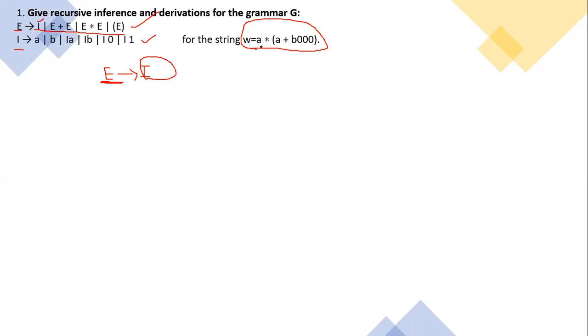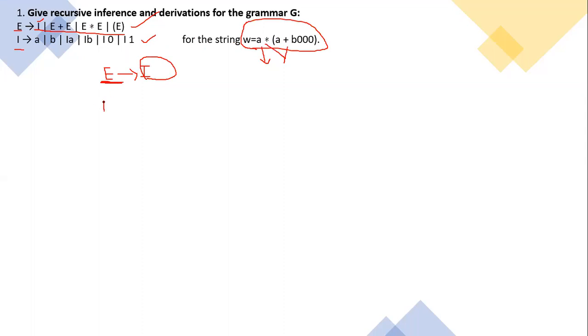If I give I, I can substitute a, b, I a, I b, I0, I1, but I cannot get star or plus. My string has star and plus also, so I can't go with I.